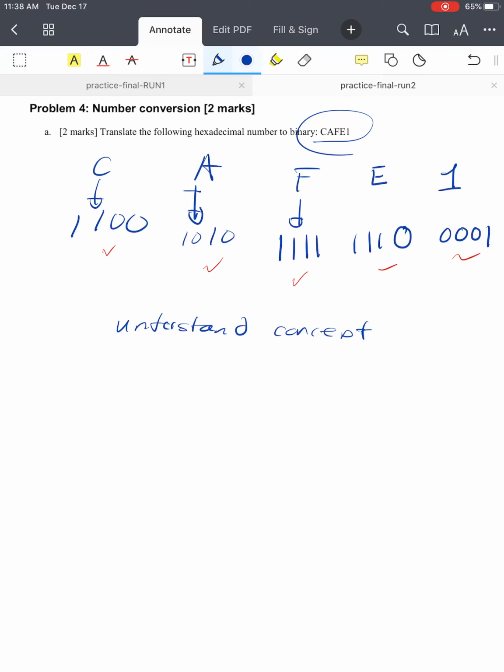But you also want to have mastery over the problem or the idea. So in this situation, if you look at the learning outcome, it's actually translating between hexadecimal to binary and to decimal.